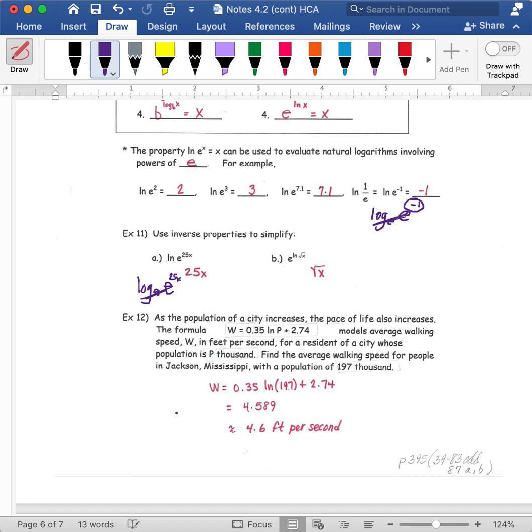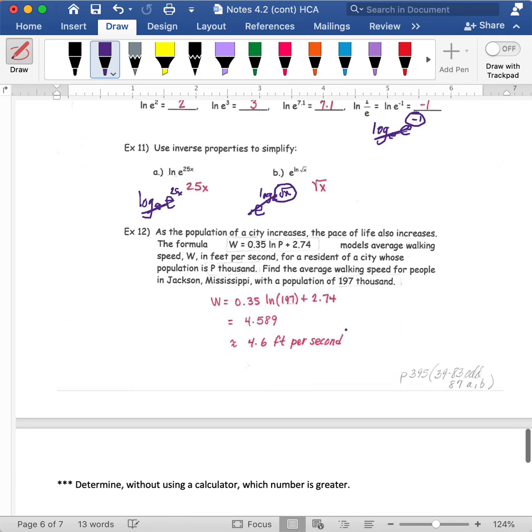It equals 25x. This one here, e raised to the power log base e of the square root of x. Again, same base, they're inverses. You're left with the square root of x. And we saw those properties before.